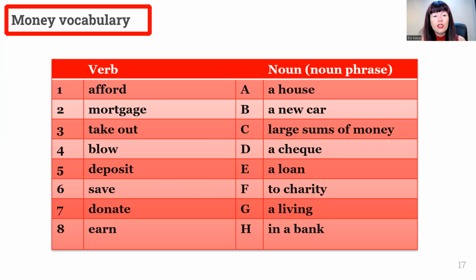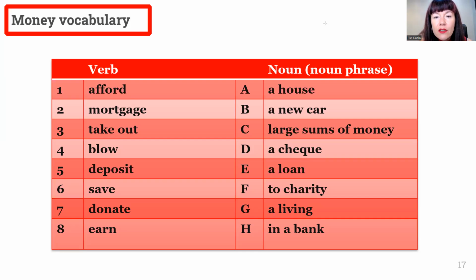Afford, mortgage, take out, blow, deposit, save, donate, and earn. Okay. I'm sure you need a little bit more time to work on it because they are not very obvious.